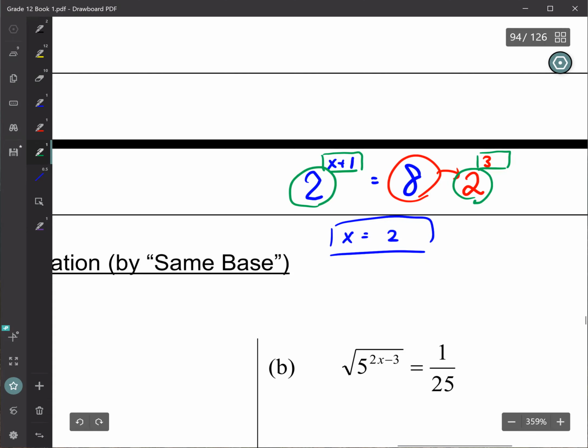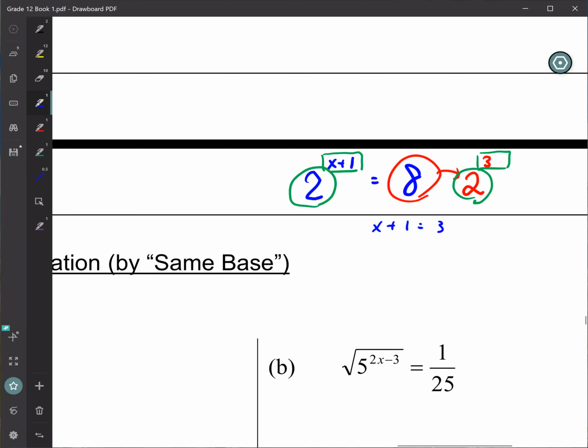So if you want to show the work, you can say x plus 1 has to be 3, right? You can sort of ignore the base now, and then from there you just solve it as usual. x equals 2. Okay, so the method we use here is called the same base.